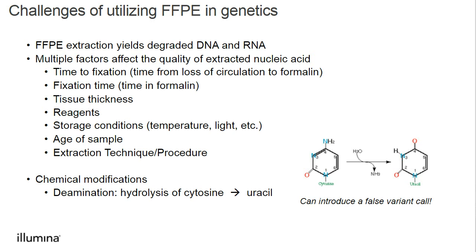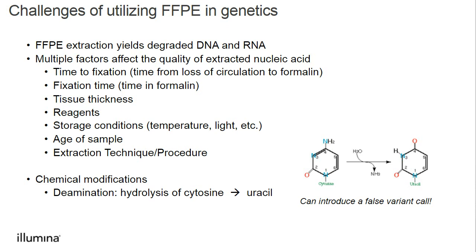Many factors affect the quality of our extracted nucleic acid. These include the time to fixation, so when that tissue lost circulation and when that formalin went through the tissue, our fixation time, so how long the tissue was in formalin, as well as the tissue thickness, the specific reagents that were used, the storage conditions of the FFPE samples, how old they are, and then importantly, what type of extraction technique did we use?